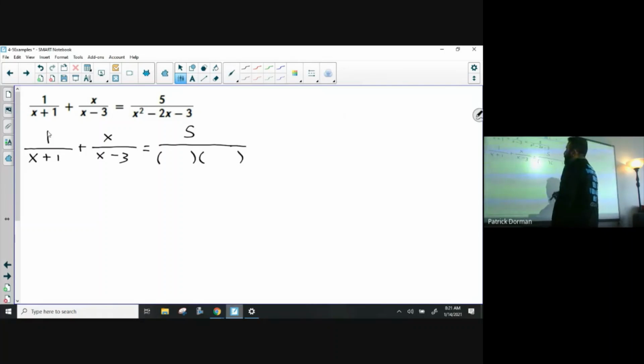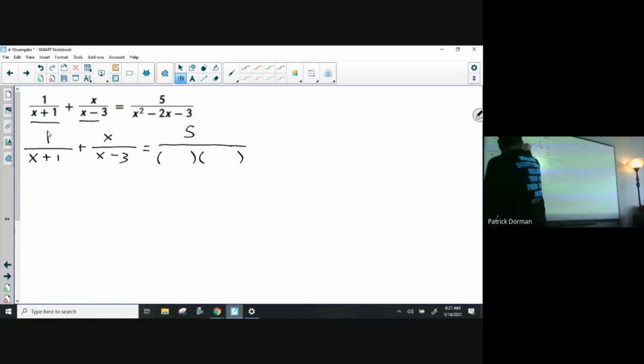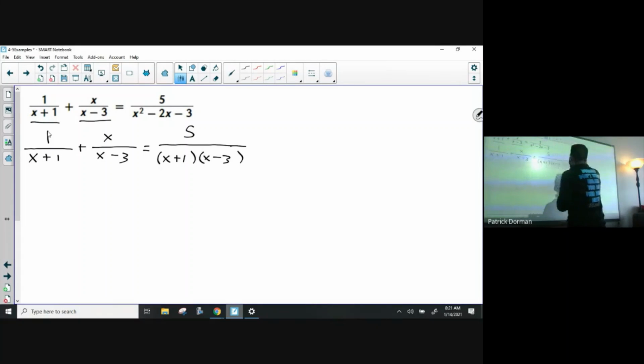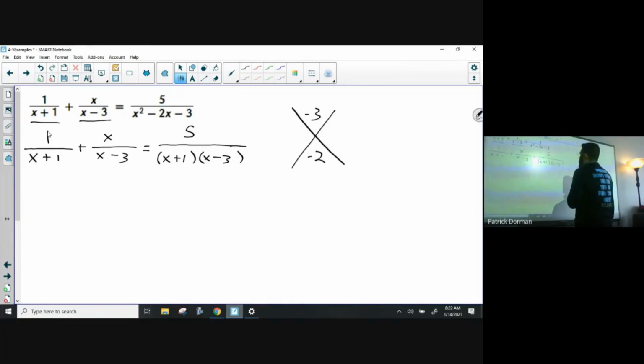You could probably look at these and guess that it's going to be like this. But let's check. Let's make sure, okay? So let's factor x squared minus 2x minus 3. I need to think of two numbers such that when I multiply them, I get -3, and when I add them, I get -2. Those are going to be -3 and +1. And indeed, there's your -3, +1. It worked.